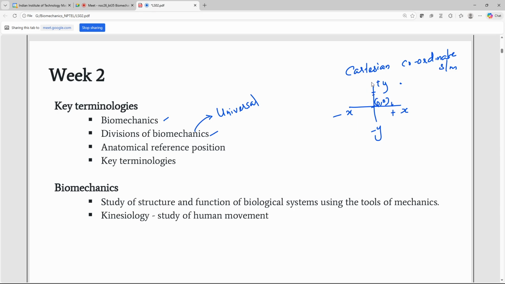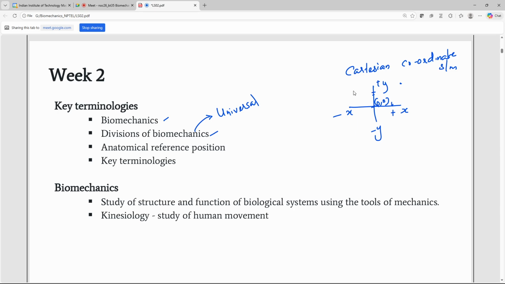Similarly, mechanics uses these kinds of references. We need frames. I am saying this because when we get to the fourth or fifth weeks, there will be multiple frames of reference when we are discussing Denavit-Hartenberg, or DH, equations. There will be multiple frames, and we have to convert from one frame to another.